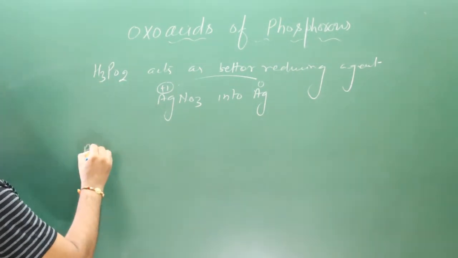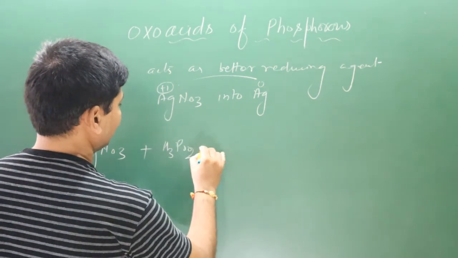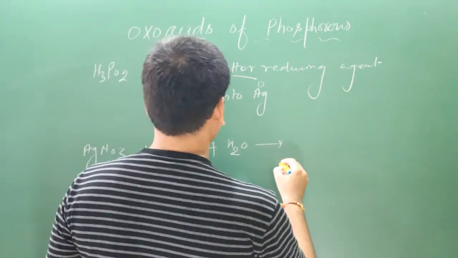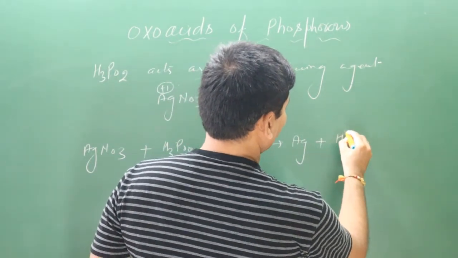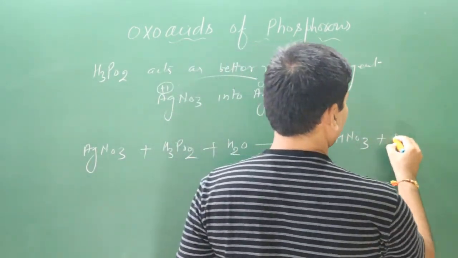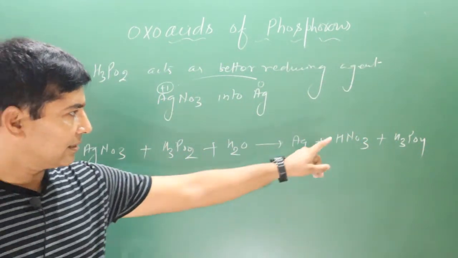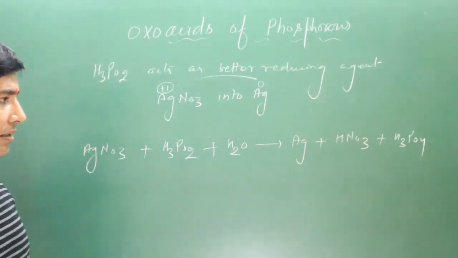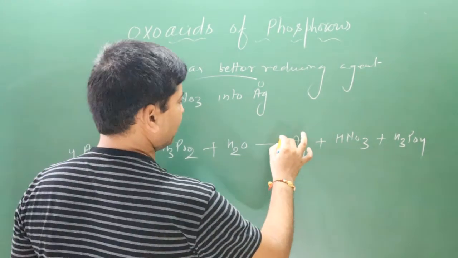Let me write the reaction. AgNO3 and H3PO2, with H2O also there. It converts AgNO3 into Ag, and it produces 2 strong acids, HNO3 as well as H3PO4. In both acids, the central element is present in its highest oxidation state. Balance this equation: 4 multiplied by 4.